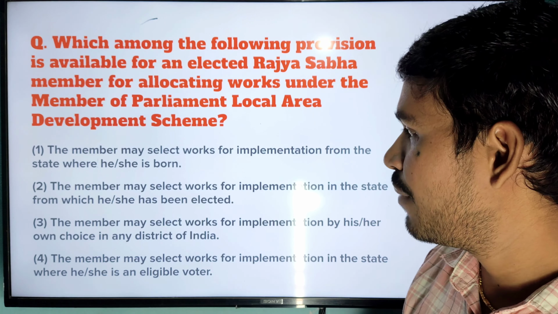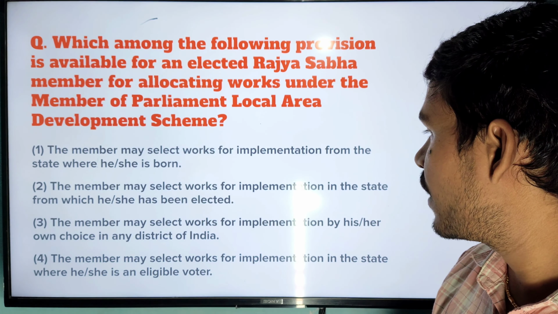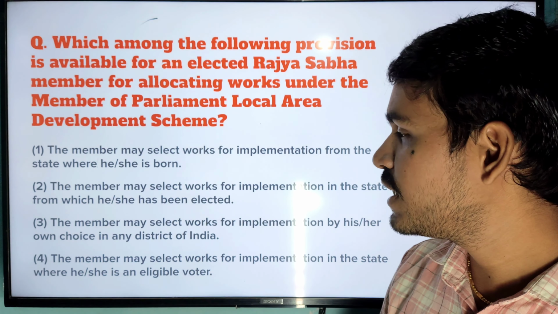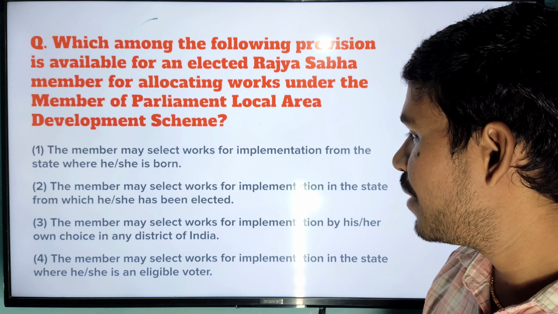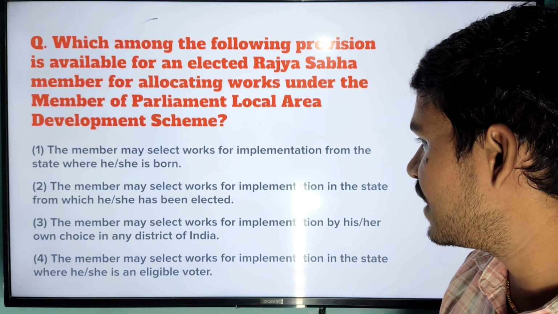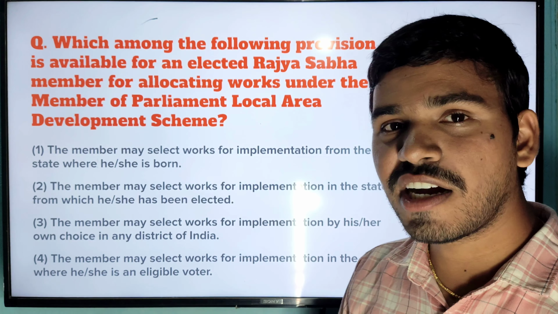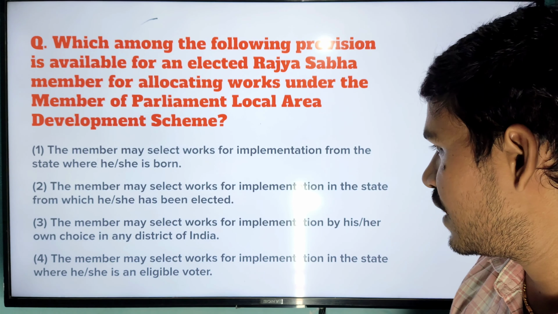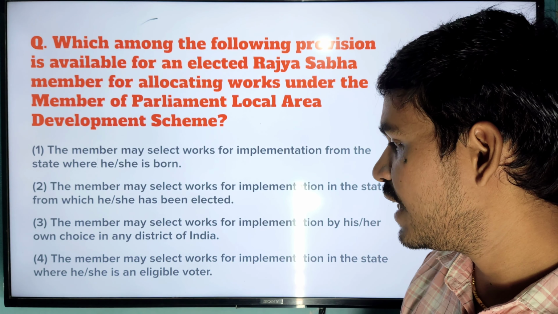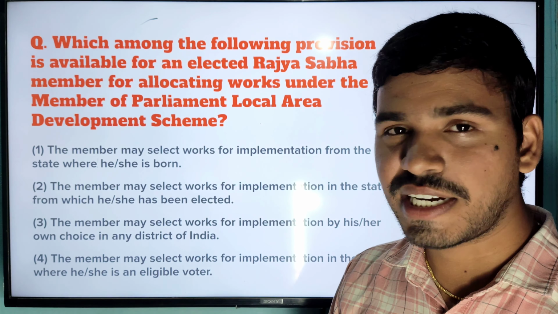Second statement, the member may select works for implementation in the state from which he or she has been elected. Third statement, the member may select works for implementation by his or her own choice in any district of India. Fourth, the member may select works for implementation in the state where she is an eligible voter. Which statement is correct?